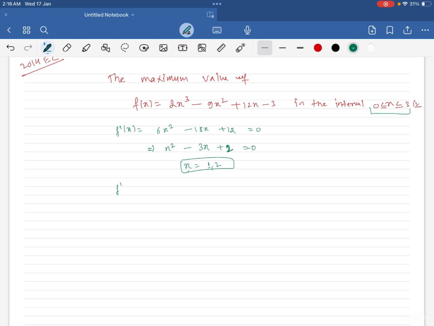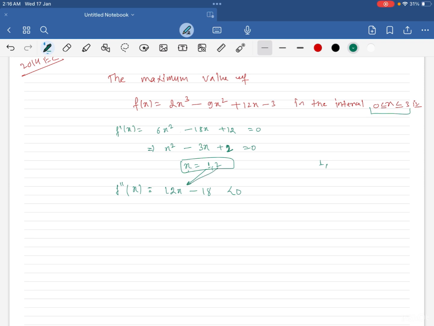Now let's also check the double derivative, and we can eliminate a few points where we will get a minimum. So f double dash x would be 12x minus 18. Now if we put 1 here, it will be less than 0. So 1 is possible, here we can get the maximum value.